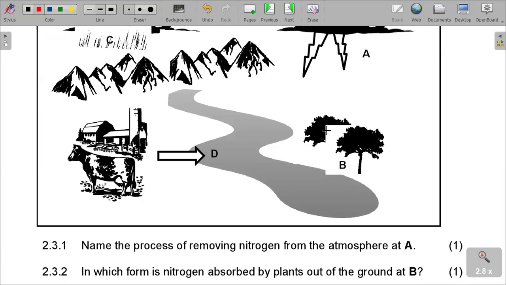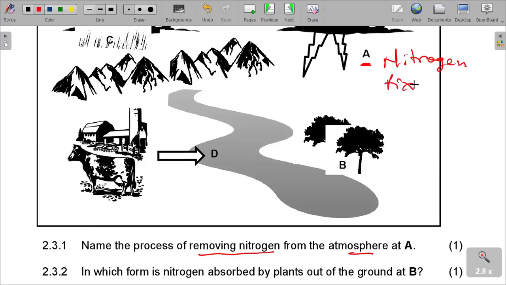Name the process of removing nitrogen from the atmosphere at A. What is that called? We call that nitrogen fixation.